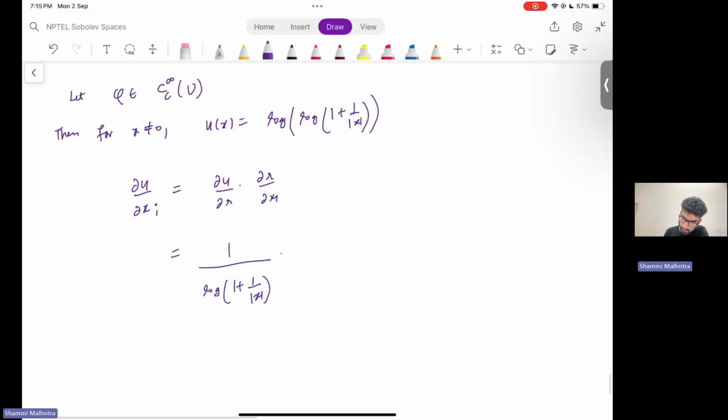And this is 1 upon 1 plus 1 upon mod x. And we have to differentiate 1 upon mod x.